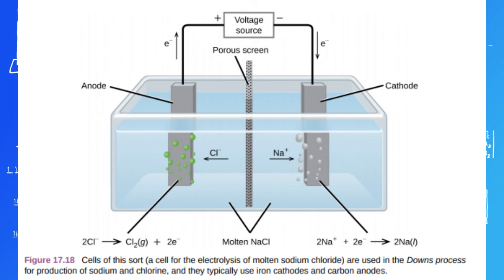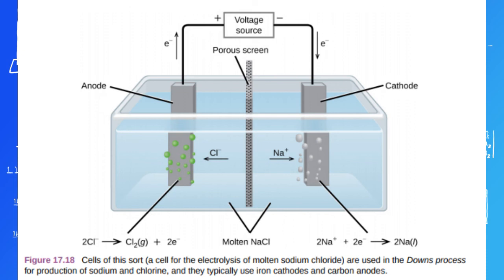Here it's the reverse. What isn't reversed is the fact that the electrons still go up the anode and down the cathode. Also, oxidation still happens at the anode and reduction still happens at the cathode. So those things have not changed.